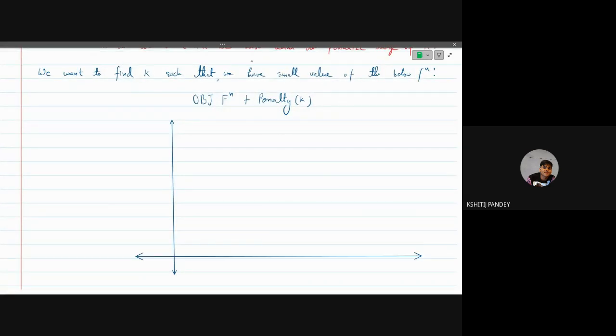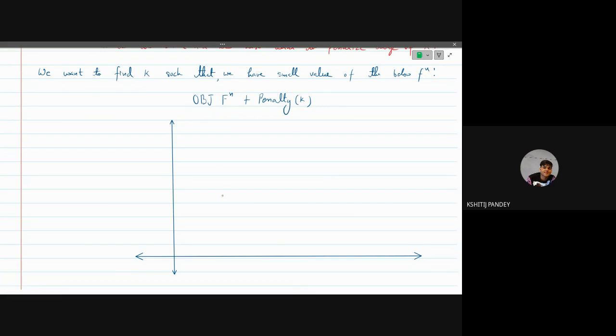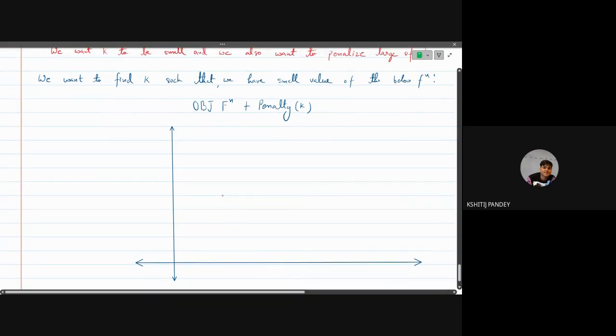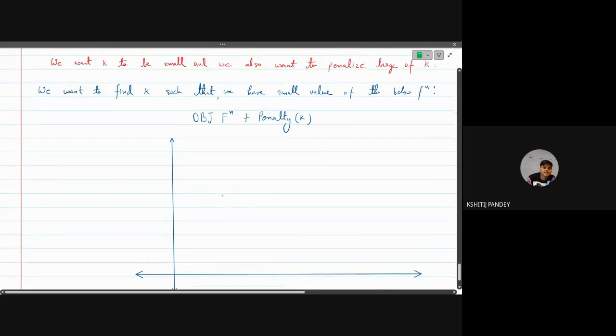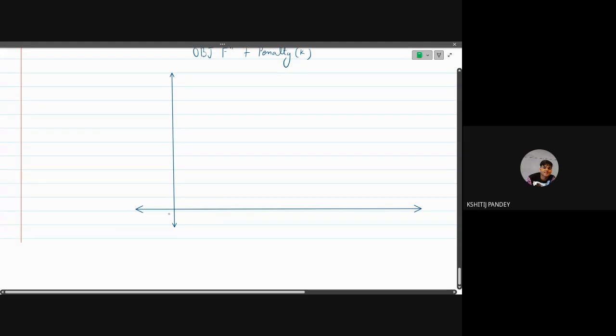The objective function, well, larger the value of k, smaller the objective function. So here you have k is equal to 0.